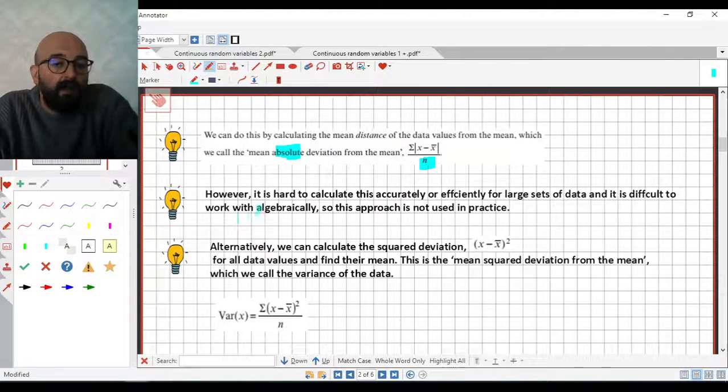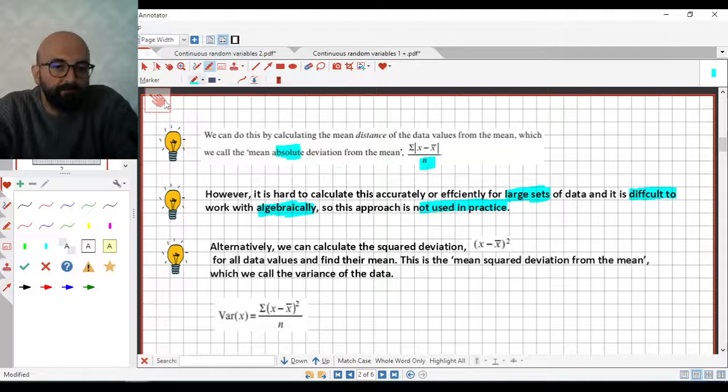But it's hard to calculate accurately and efficiently for large sets of data, and it's difficult to work with algebraically. So this approach is not used in practice.